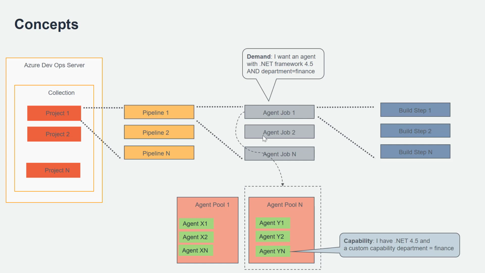Let's say agent job 2 also demands the same capabilities and there's only one agent with those capabilities.